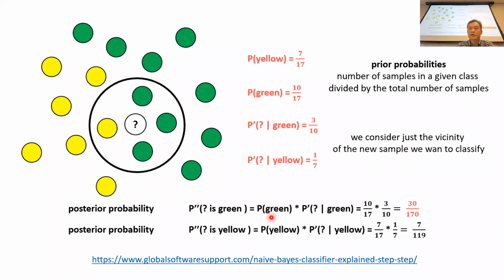So we have P(green), the probability of belonging to green, which is its prior probability. And then look at this small circle. You sample around it, so now you consider just this neighborhood.